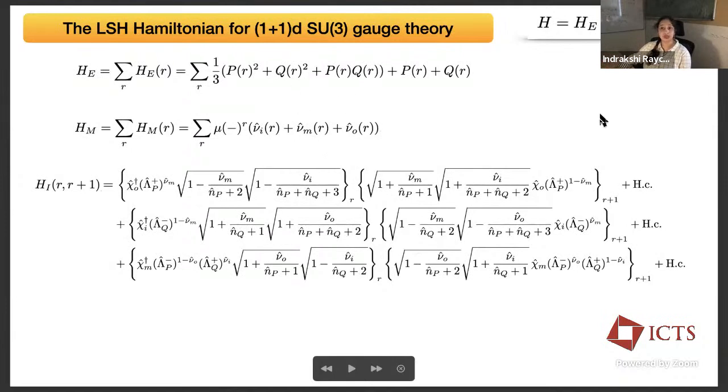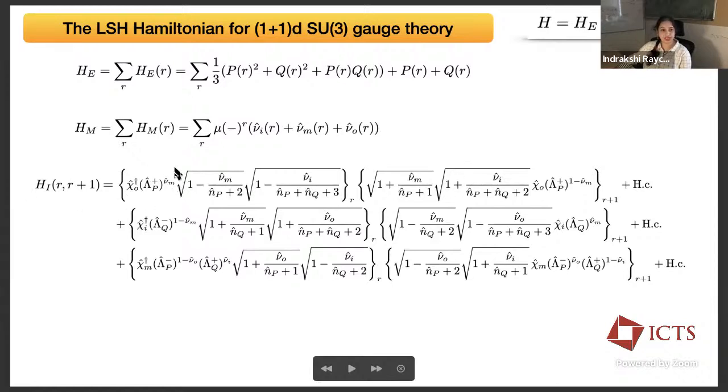The Hamiltonian looks like this. The electric Hamiltonian is diagonal, consisting only of the number operators in this Loop-String-Hadron basis. The fermionic mass Hamiltonian is purely in terms of fermionic number operators in this basis. And the matter-gauge interaction term contains the ladder operators.